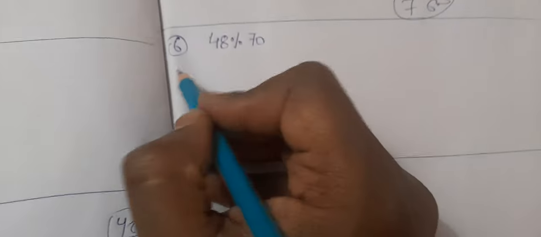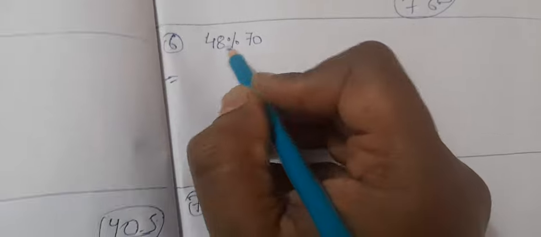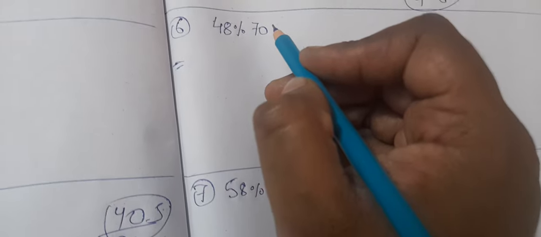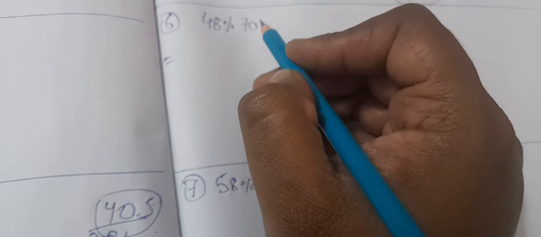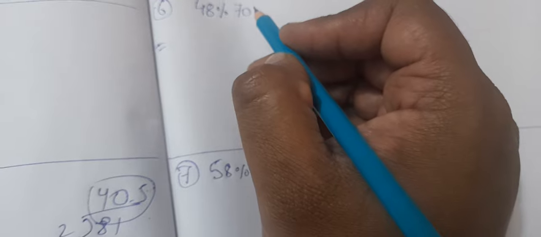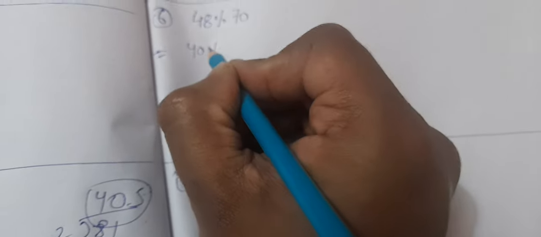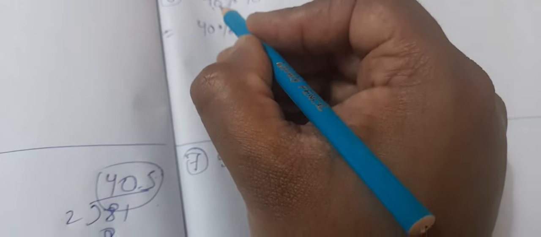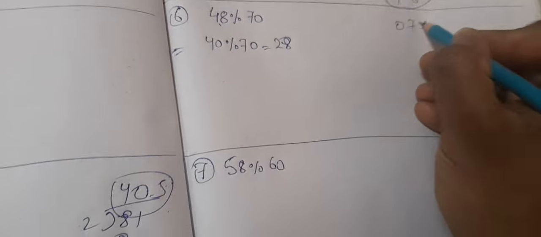Okay, now come to another example, that is 48% of 70. So 10% of 70 is 7, 40% of 70 is 28. And 1% of 70 is 0.7, into 8 means 5.6.